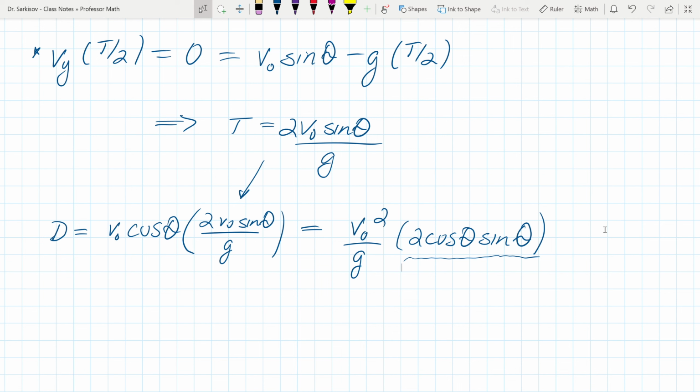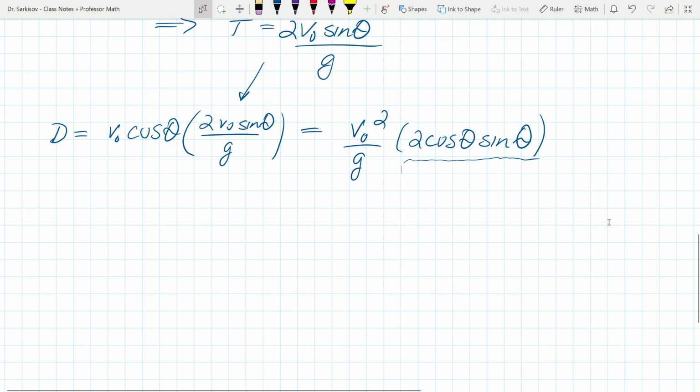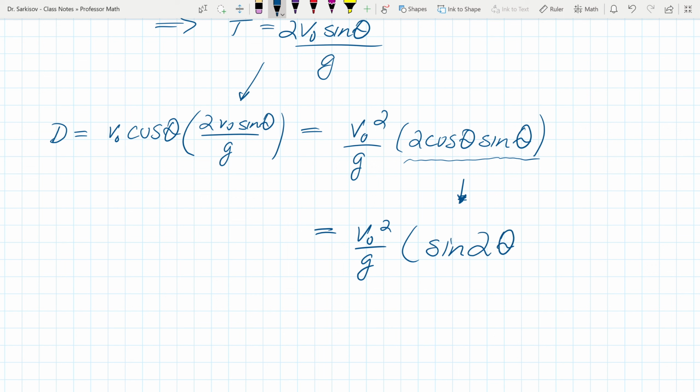It's going to equal 1/2 sine alpha cosine beta plus 1/2 sine beta cosine alpha, where you do that rearrangement. So anyway, eventually you get that this is equal to, guess what? V naught squared over g, and this is kind of important, sine of 2 theta, theta plus theta.